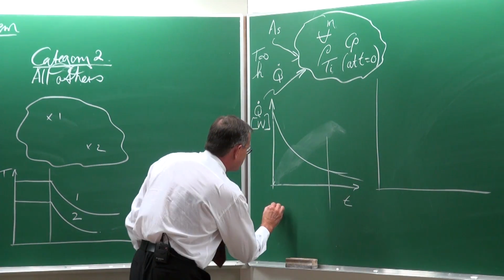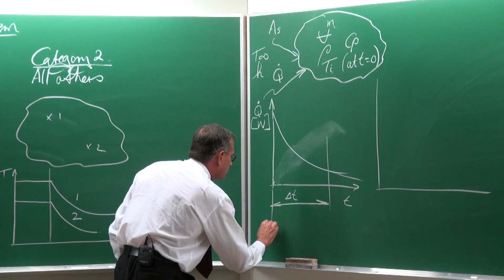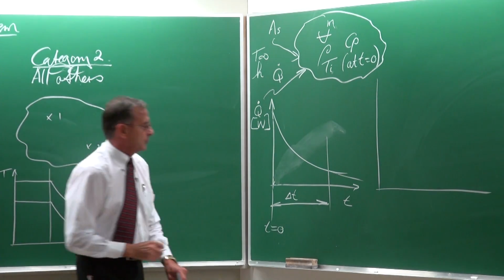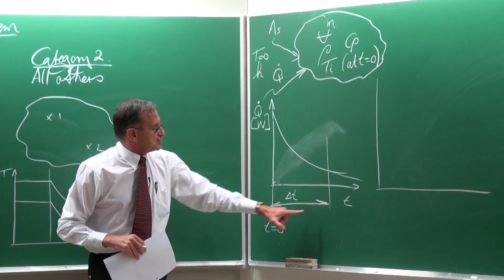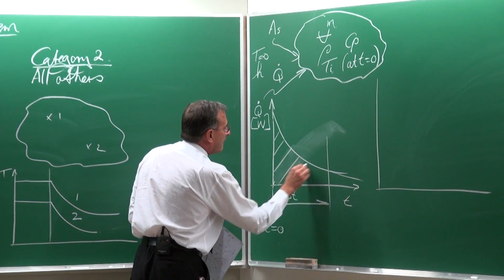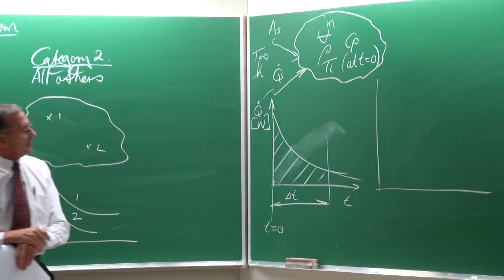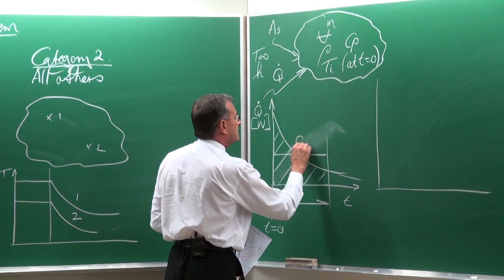Now let's suppose this is delta t, and that would obviously be t equals 0. So after a certain delta t, the average heat transfer rate would be approximately that.